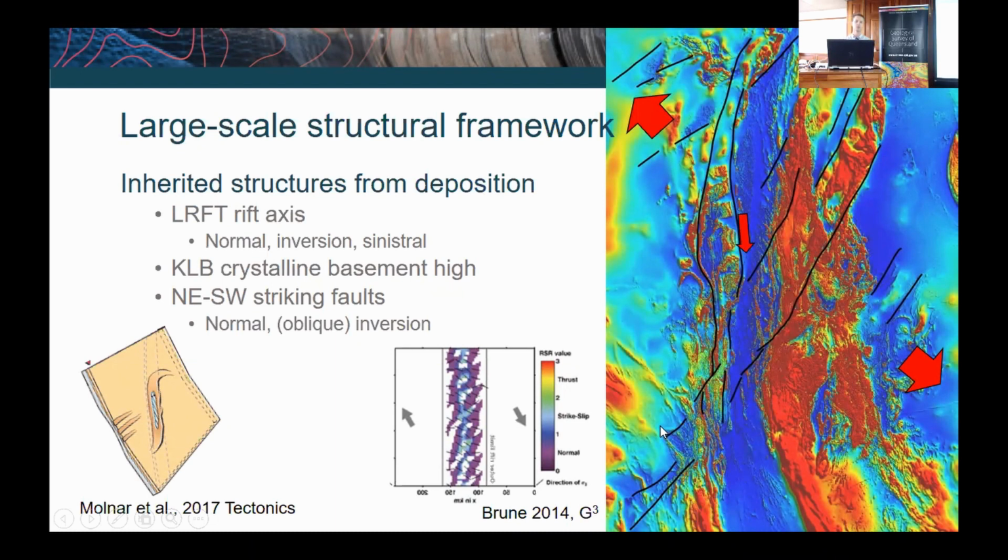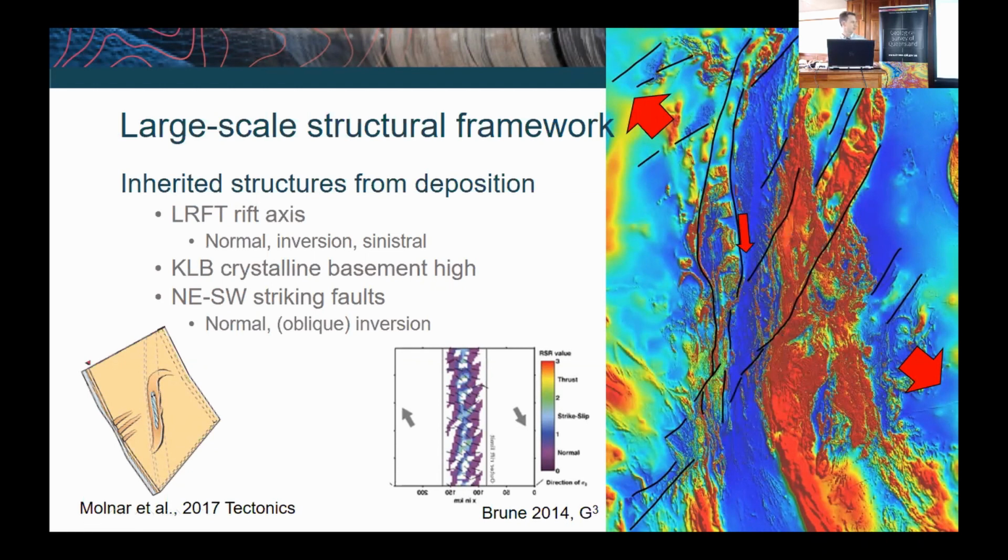So we've got things which are older as well. And some of these really big lithospheric scale structures are often quite cryptic. So you see these zones where fault segments disappear and reappear as you go.